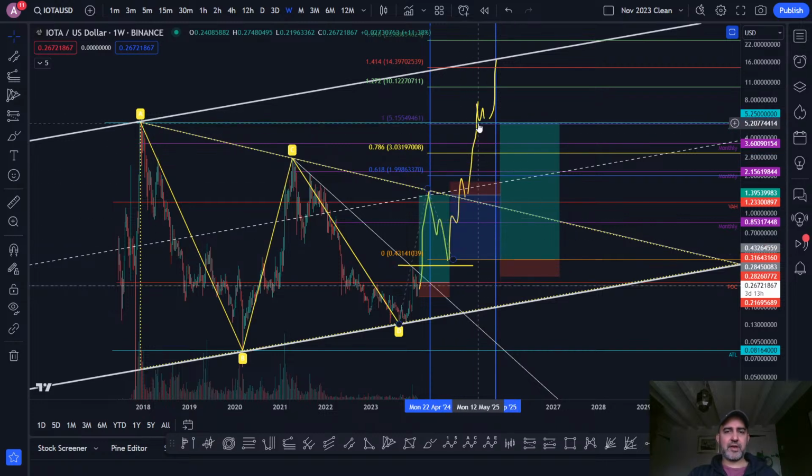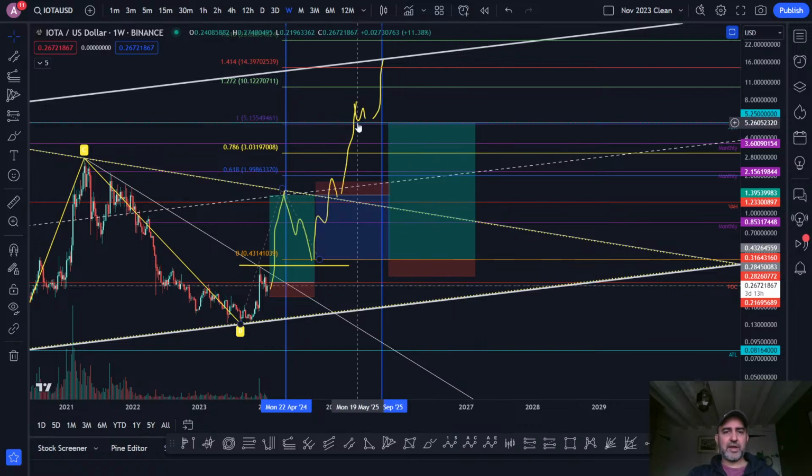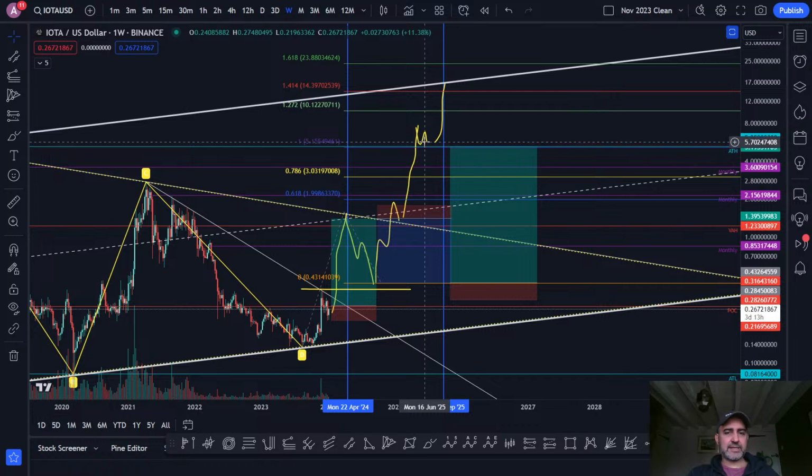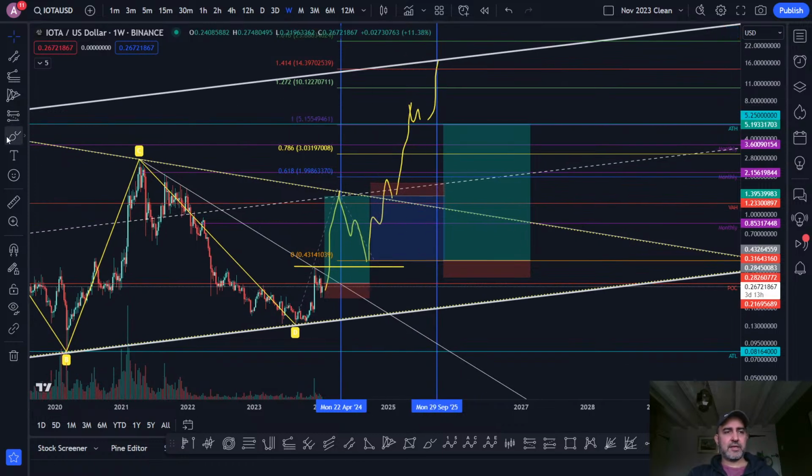I think that would be a correct target for a wave 3. Once you get to your wave 3 at the all-time high, you literally have to see how it corrects. What kind of correction do you get? Do you get a flat, or do you get a deeper zigzag? It all depends on how it corrects.